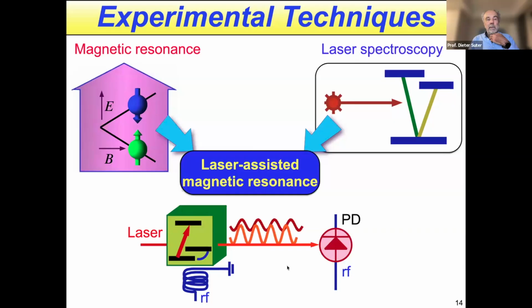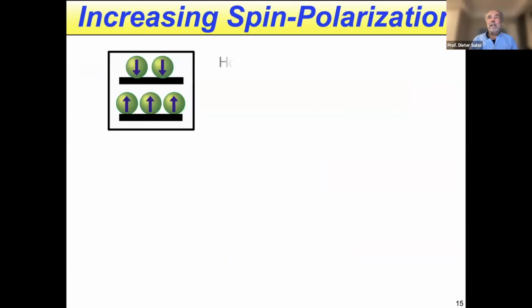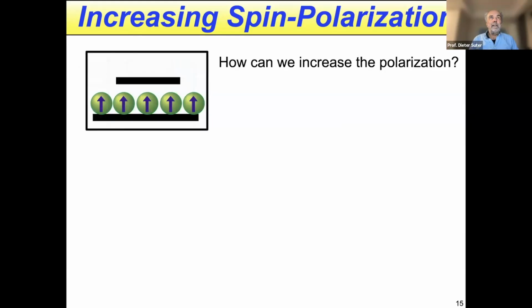Now, let's start to discuss the physical principles that we use here. First, about increasing the spin polarization. As I mentioned, we would like to go from thermal polarization to ideally unit polarization. How can we do that?